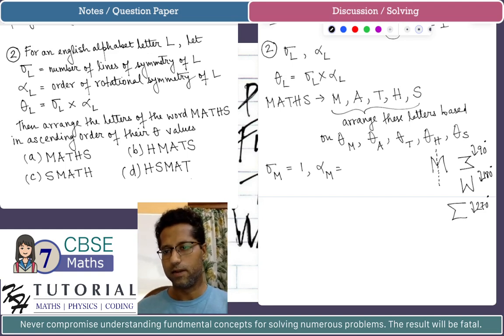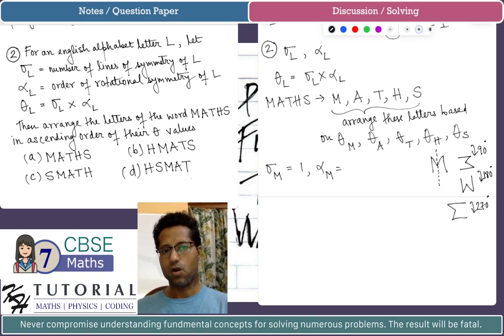And if I rotate 360 degrees, obviously any figure after rotating 360 degrees will come back to its original position, it will always look like the original, as the minimum value of order of rotational symmetry of any figure is 1. Okay, so what is alpha?